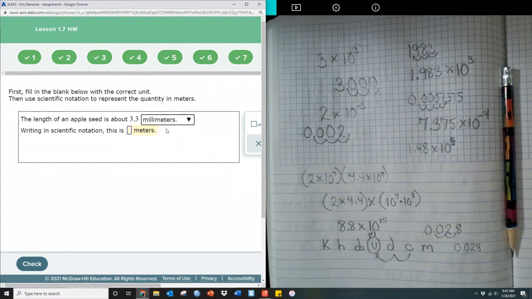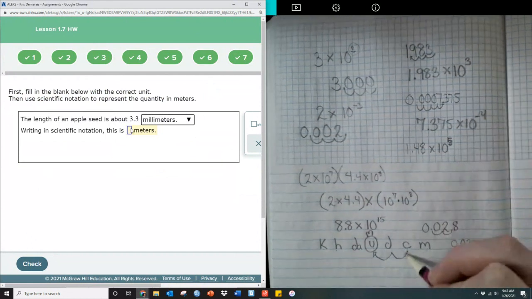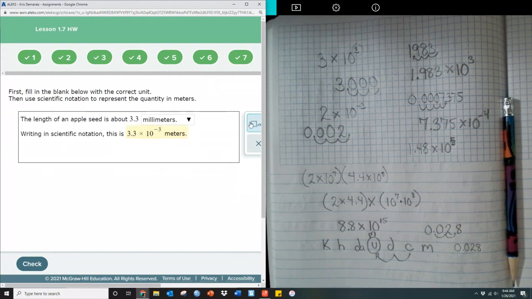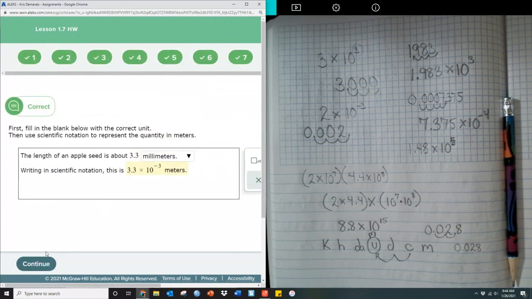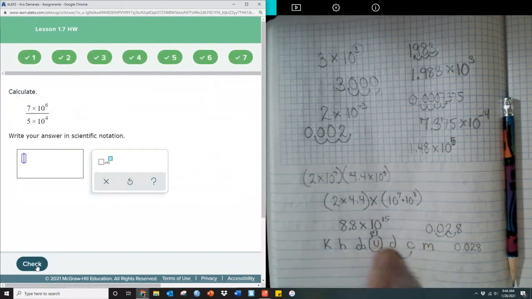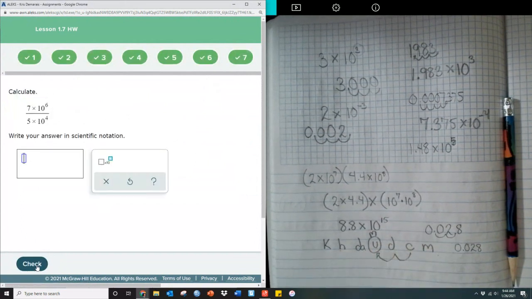So this is going to be millimeters. And then scientific notation is 1, 2, 3 units. So then it's going to be -3 here now, versus a -2. And it's all because I'm following this little phrase here or a setup.